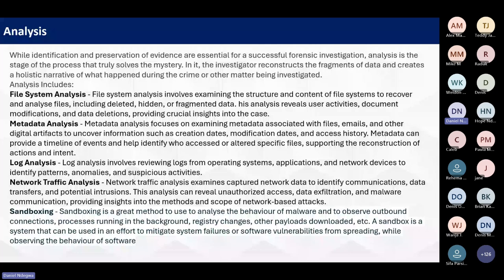And then log analysis, this is also very important. Each OS will have its own operating system logs. On Windows, it's under C:\Windows\System32, the WinEvt logs, and on Linux you would find them within the /var/log folder, which would have different log files there.